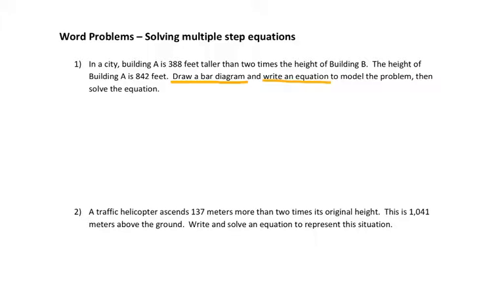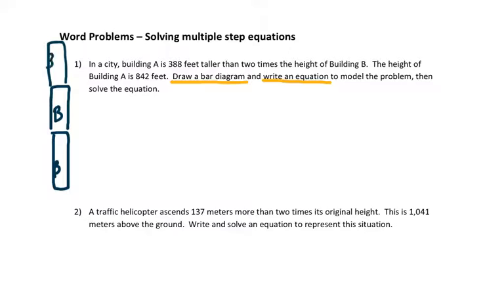So the first thing I'm going to do is draw a bar diagram based on the information given in the problem. It says that building A is 388 feet taller than 2 times the height of building B. So I'm going to draw building B here and just label it with a B. And we have 2 of them, so we're going to build another building B right on top, 2 times the height of building B, and it's 388 feet more than that.